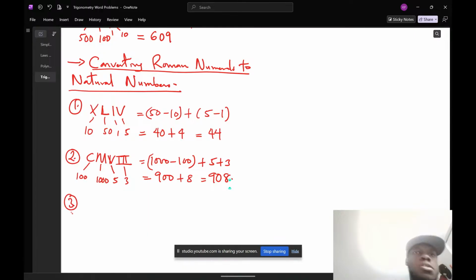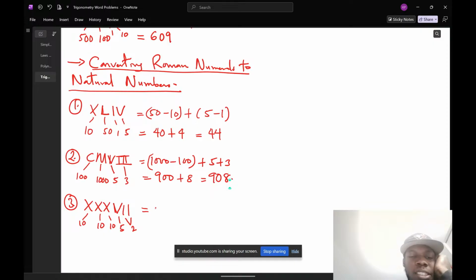Number 3, let's say we have XXXVII. We know that X is 10, X is 10, X is 10, V is 5, I is 1 each.